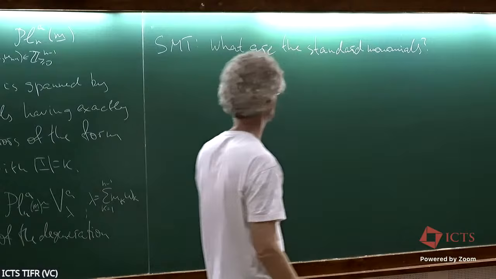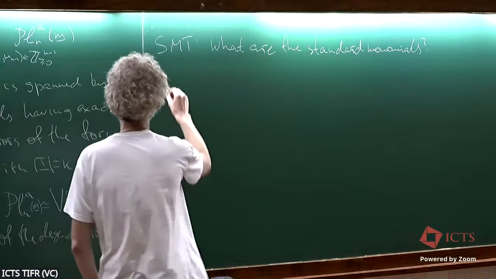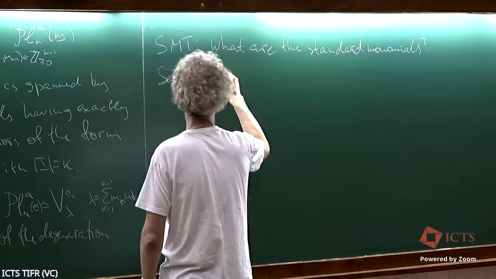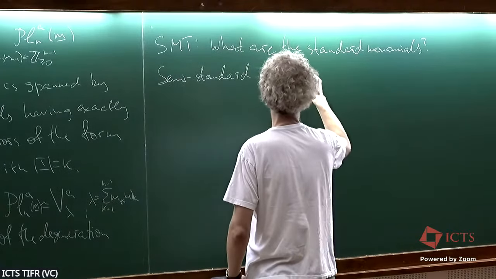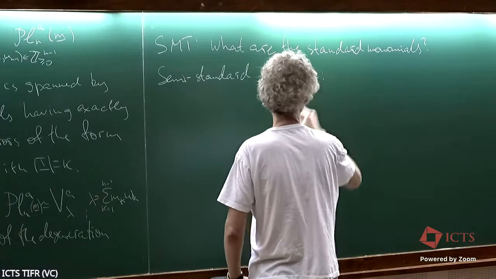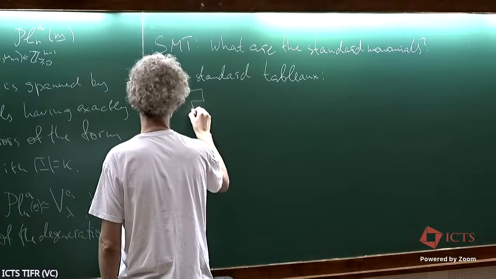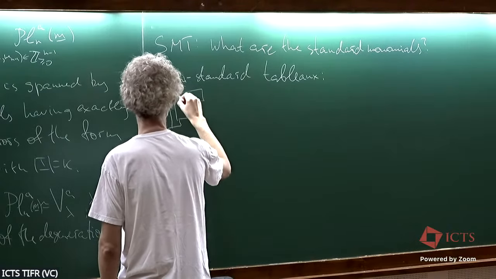And to show you that this is not an obvious question, you remember we discussed this notion of semi-standard tableau, where we had some Young diagram and we fill it with numbers.